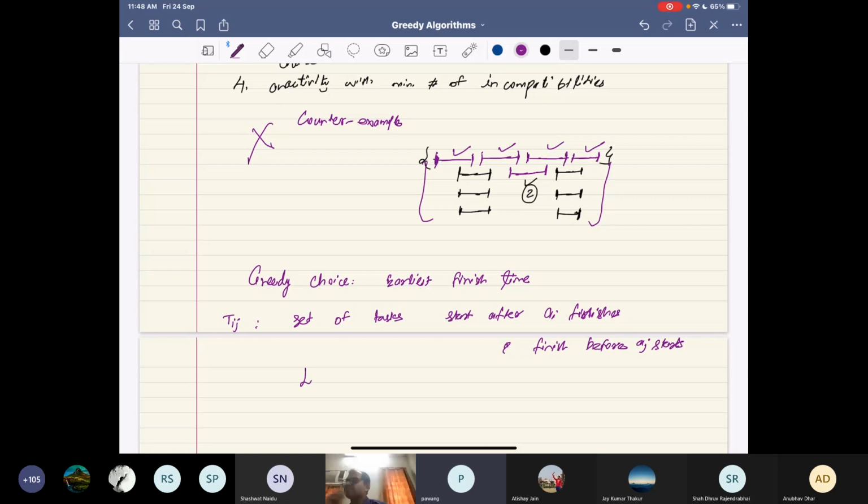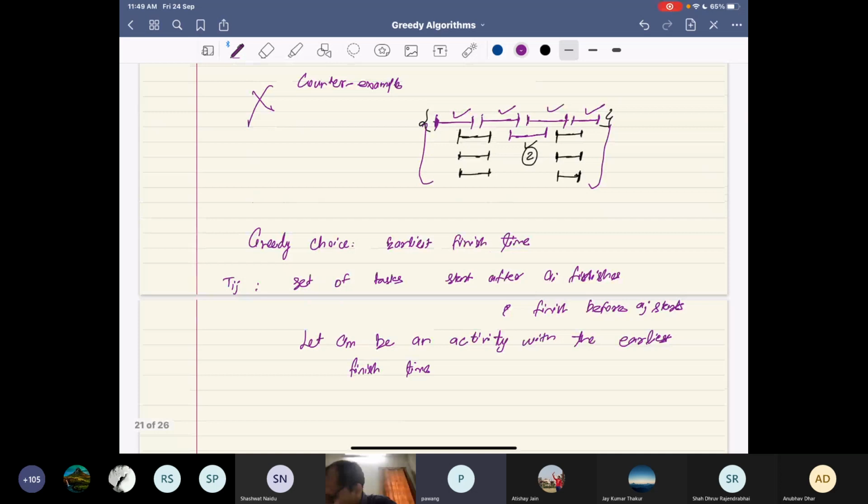Now let AM be an activity with the earliest finish time. I can't say it will be I plus 1, because they should start after AI finishes.